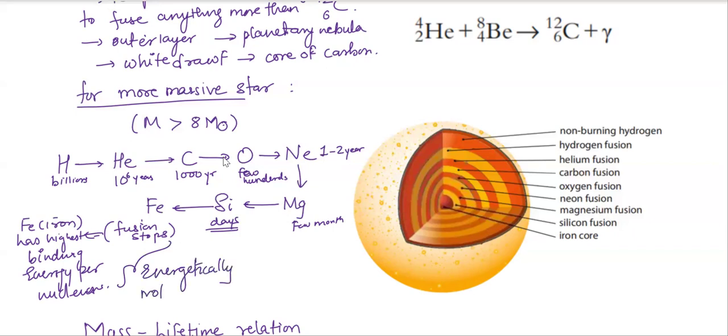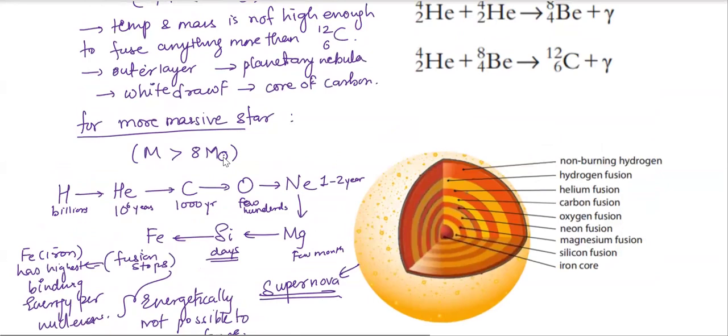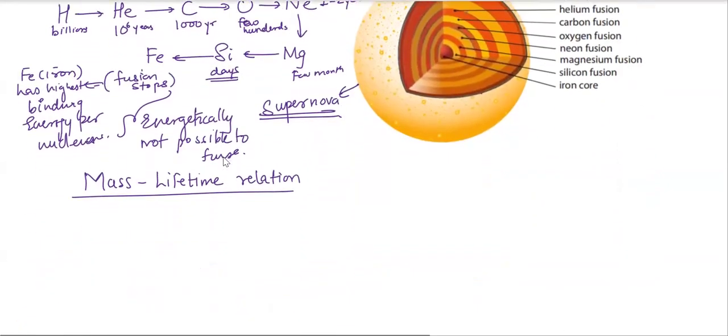That's where the process ends, and this star then converts into what we call a supernova. It will explode. So this is the process that happens beyond the main sequence star.